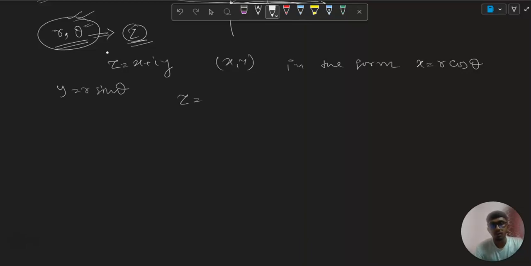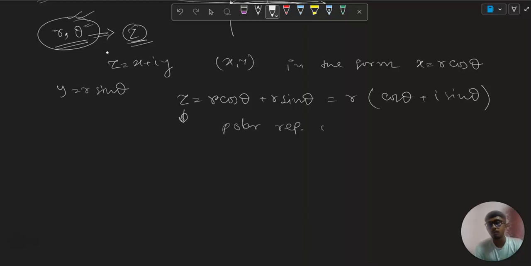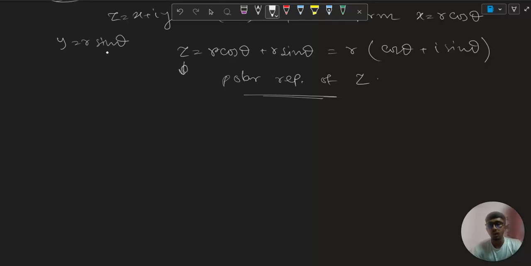So ultimately what we get is z equal to r cos theta plus i r sin theta, which we can write as r of cos theta plus i sin theta. This is the polar representation of the complex number z, where r is the magnitude and theta is the argument.